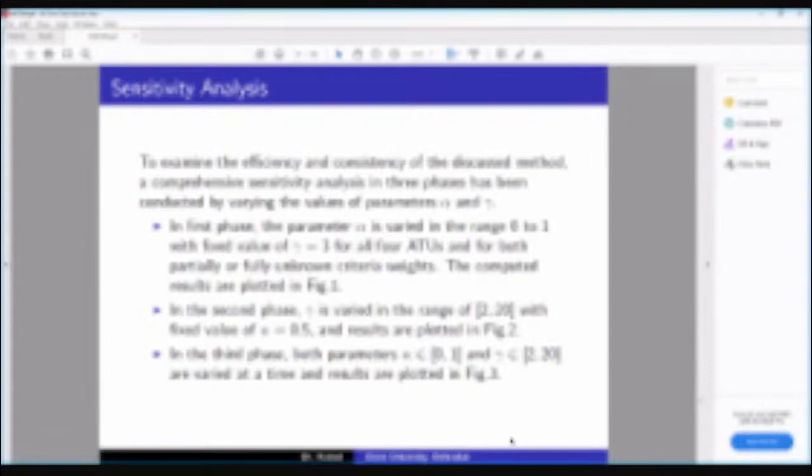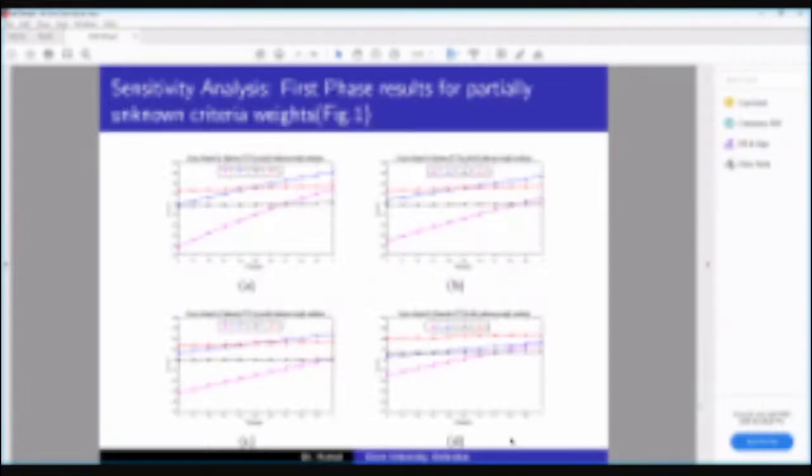Based on their variation, we can have three types of cases. First case, when we vary alpha and fix the gamma parameter. In the second case, if we vary gamma and fix alpha, and in the third category, we vary both alpha as well as gamma. So if we vary alpha and fix gamma, then we will have this kind of results.